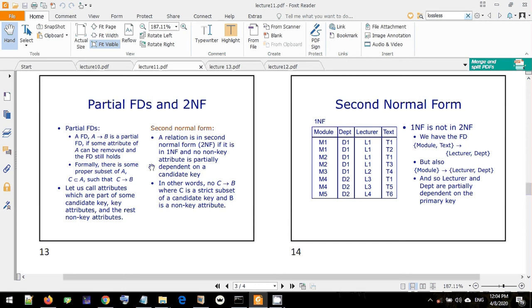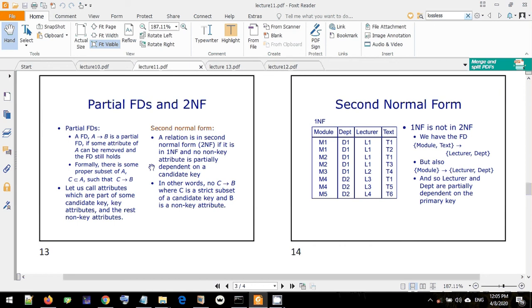Second normal form. A relation is in second normal form if it is in first normal form and no non-key attribute is partially dependent on a candidate key.